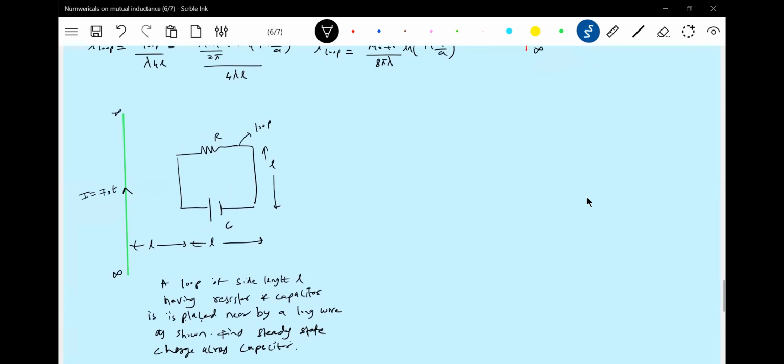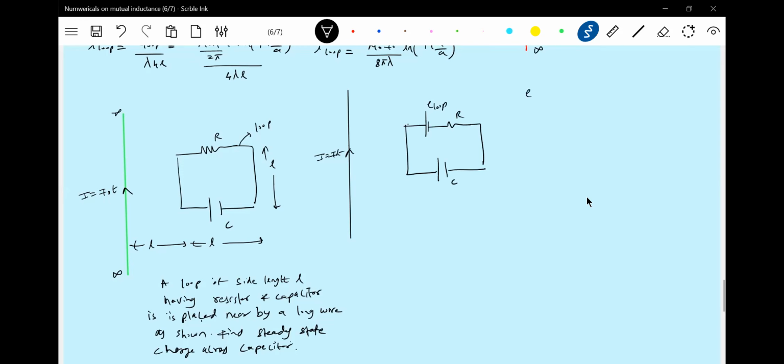First, we will go for the equivalent diagram. The equivalent diagram says there should be a cell. Can we go for the EMF induced across the cell? So there should be the cell, the resistance, and the capacitance. From where did we bring this EMF?